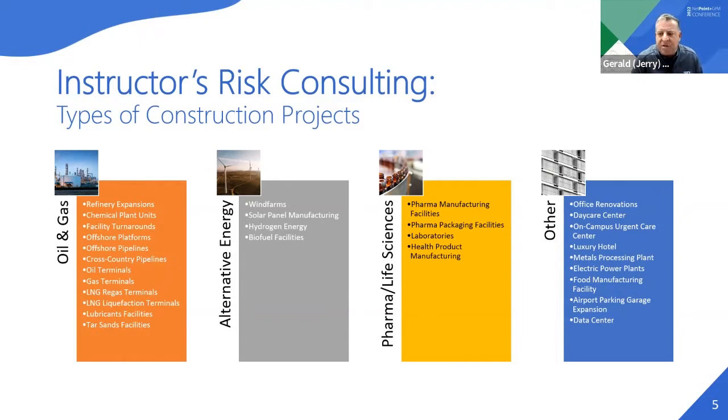And in some regards, the pharma and life sciences projects have a lot of process plant components to it, although there is some built environment perspectives to it. Because of one of the client's interest in alternative energy and a whole host of other projects I've been able to be connected with. In addition, there's a hodgepodge of different types of projects, some in the built environment world, others in various different capacities.